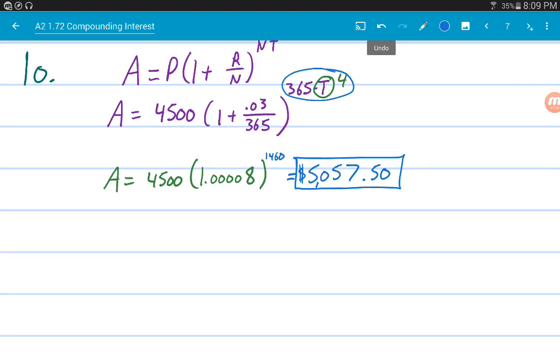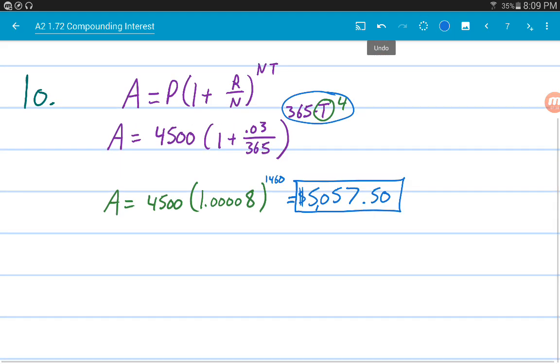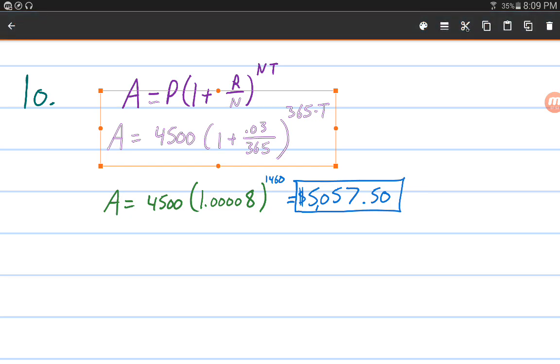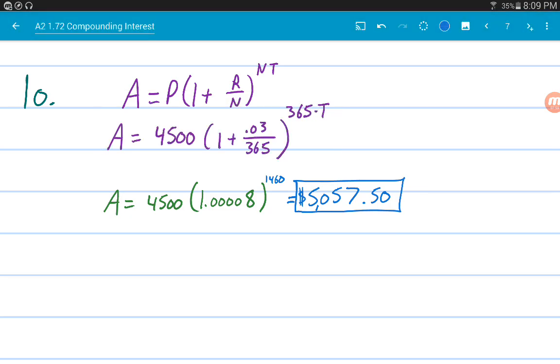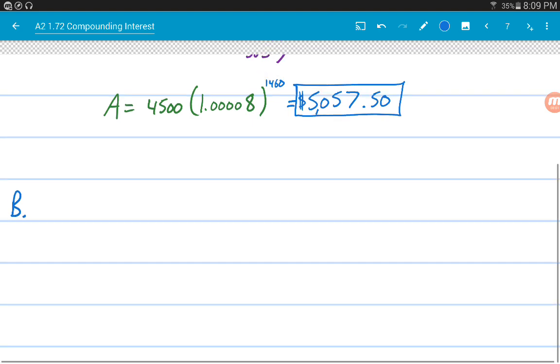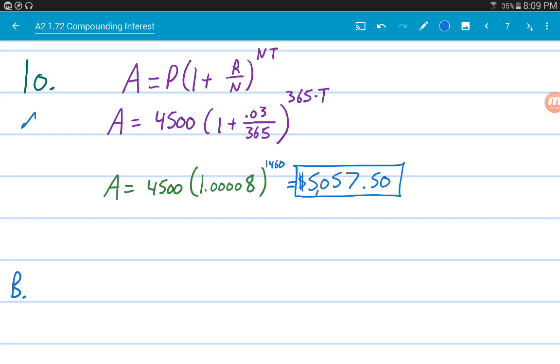Now let's do part 2. I'm going to start off with the same equation that I had in the beginning, that I knew everything, that I plugged in everything. I'm going to actually pull that from here. Part B. This is part A up here.